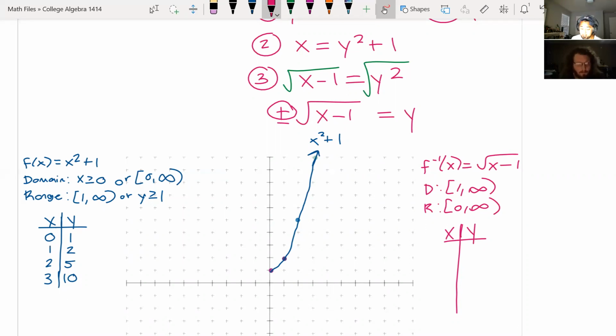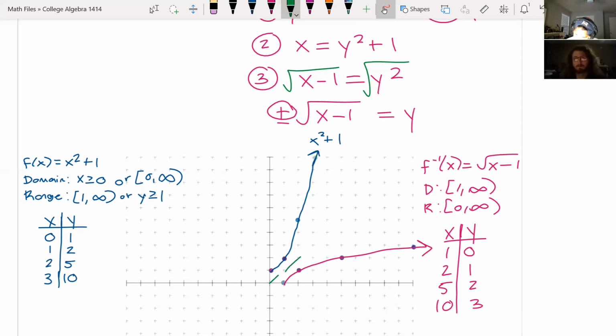Or do I take this table and flip it? Take the same table. Good. And flip the XY values. And graph it. 1, 0 here. 2, 1. 5, 2, and 10, 3. And there is my inverse.